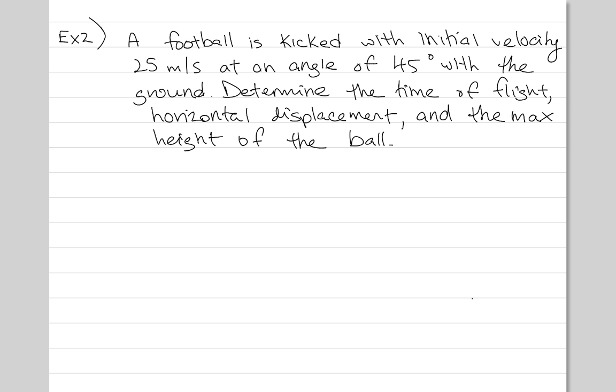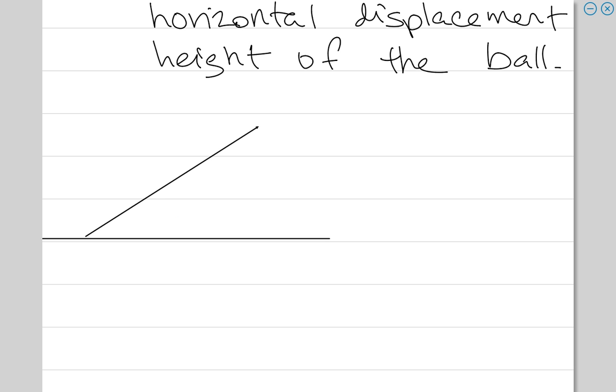Okay, so with this one, if it's kicked at an angle of 45 degrees, what's the first step? It was the very first thing I did in the notes. What's the language though? We need to resolve the vector into its components, okay? So you draw your vector. It was 25 meters per second.